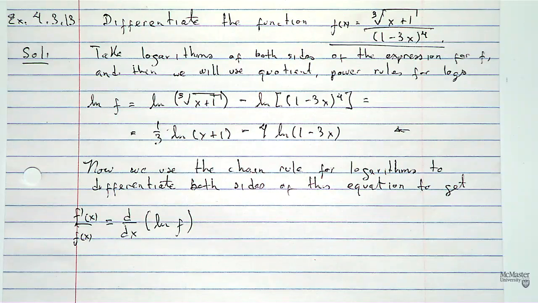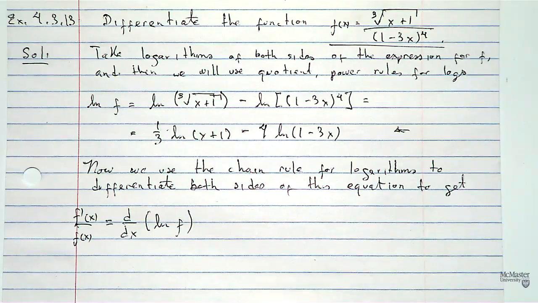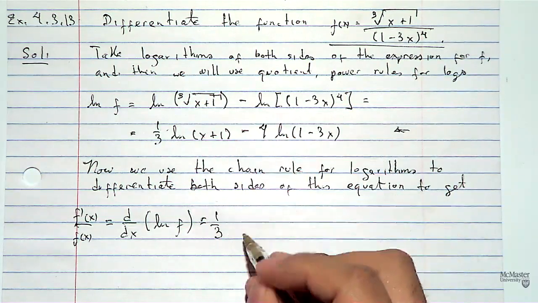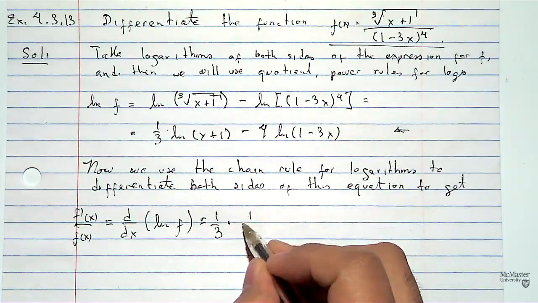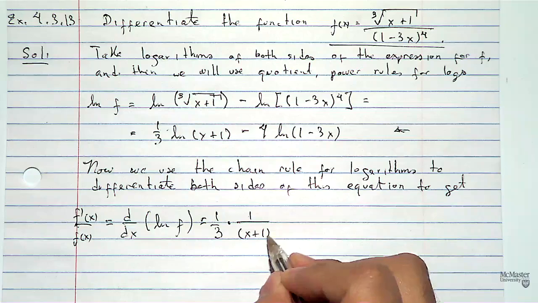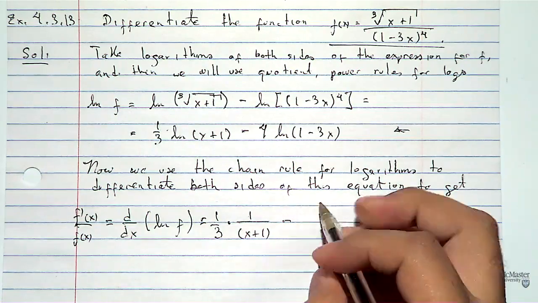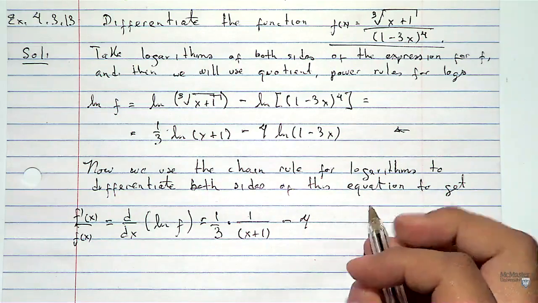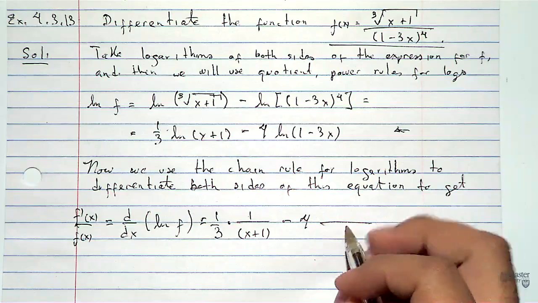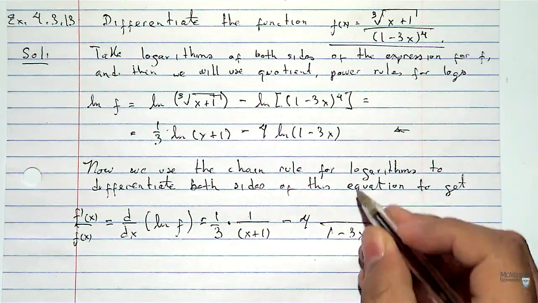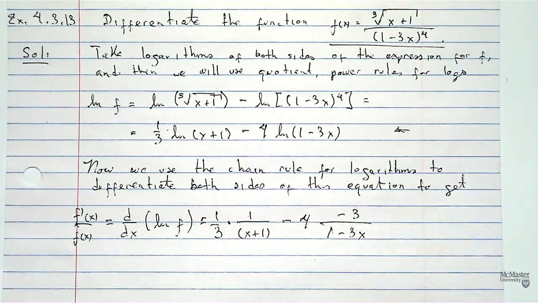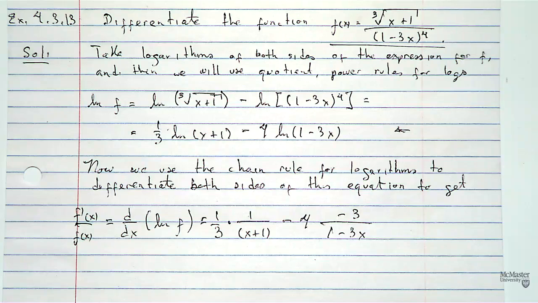Now, the nice thing is when I apply the derivative to the other side, because then I know the formula. So this is 1/3. The derivative of natural log of x plus 1 is 1 over x plus 1. And then minus 4. And again, the technique for the derivatives of the logs, right? So I have the function as the denominator, and then the derivative of 1 minus 3x, so minus 3. So far, so good? I'm just using properties of the derivatives of the log.